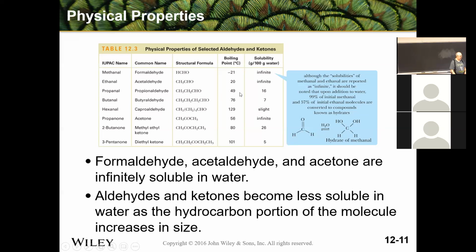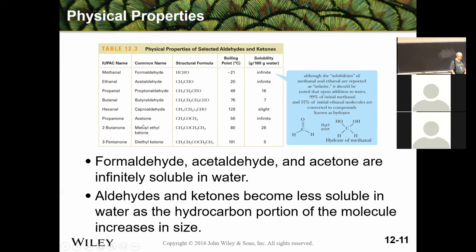Right, propanol is 16% soluble in water. So you can see that as the number of carbons increases, the solubility goes down. Hexanol with 6 carbons just has a slight solubility in water.